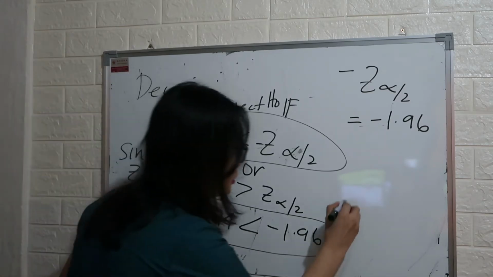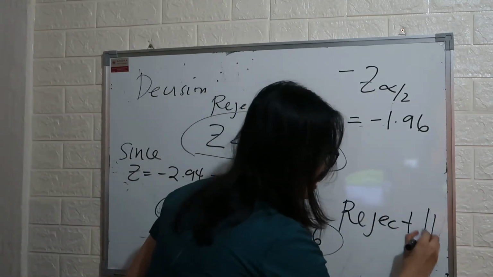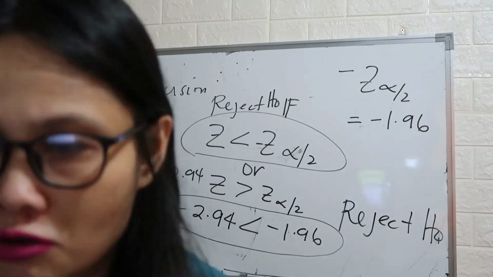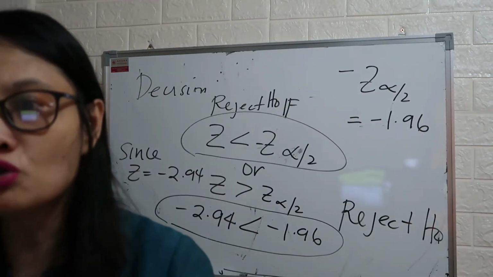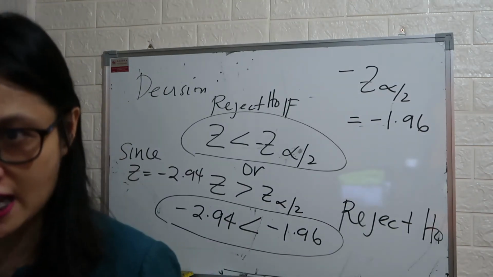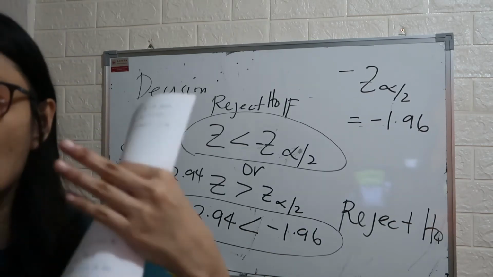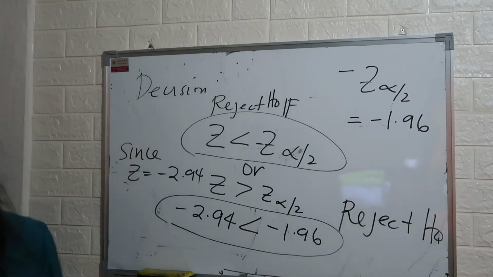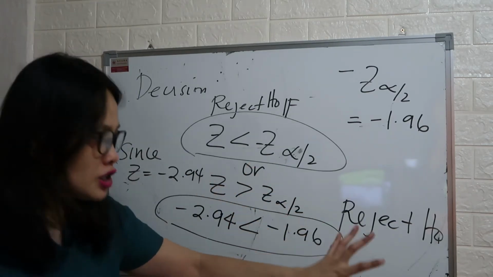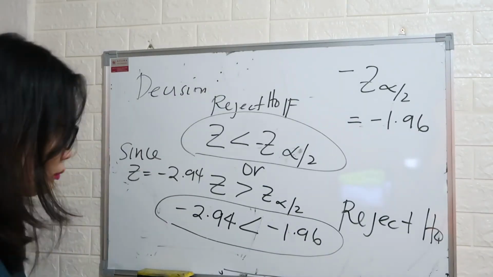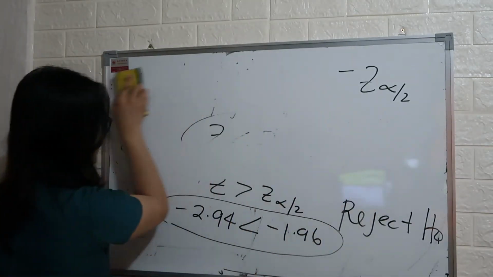So, reject H0. When you reject H0, you need to accept your HA. So what will be your conclusion?